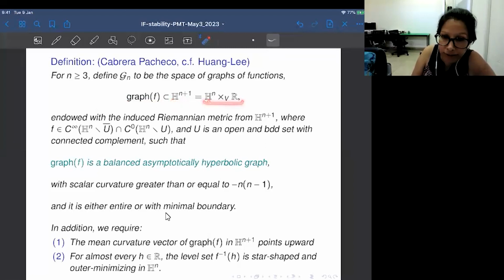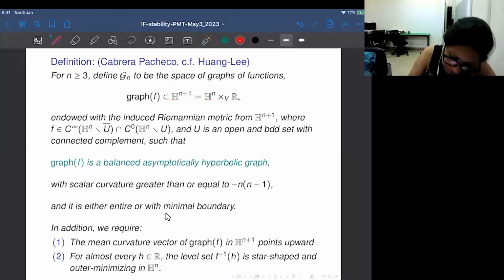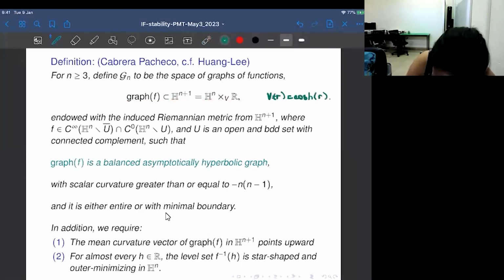Here b, I haven't said it, only depends on some radial function, and it's going to be the hyperbolic cosine of r. And here I have the metric b bar, which is the metric in H^n plus this warping function ds squared.